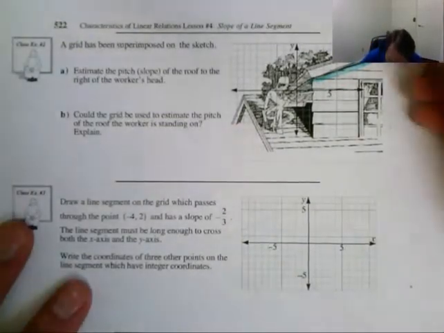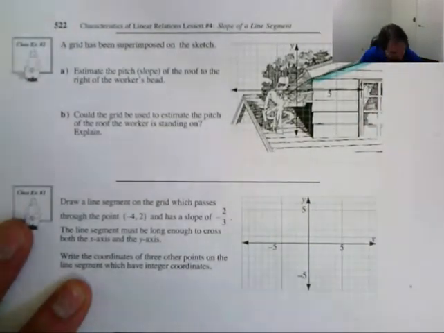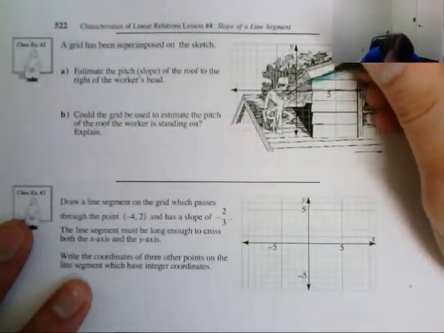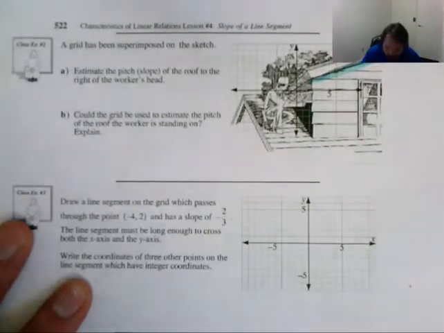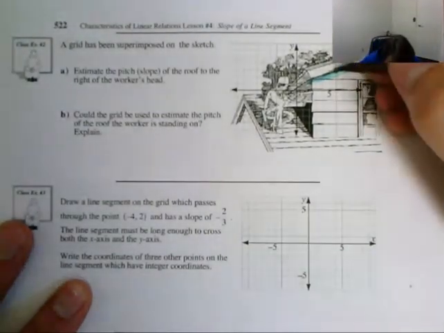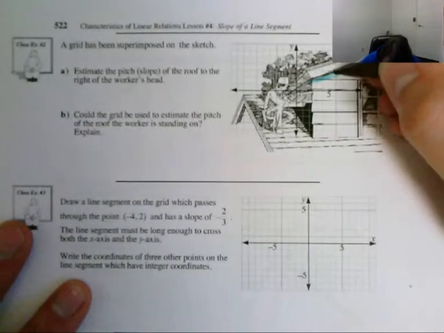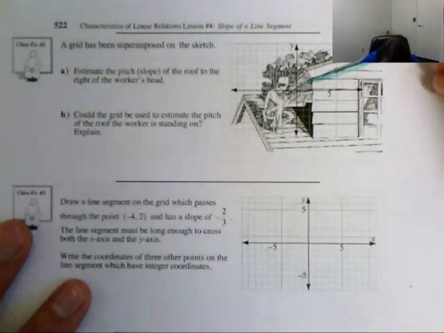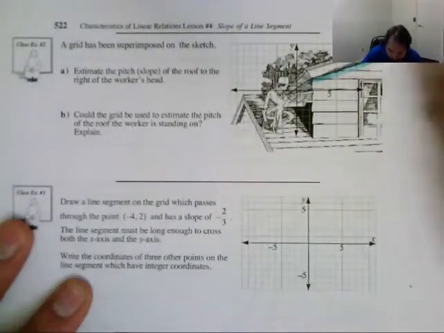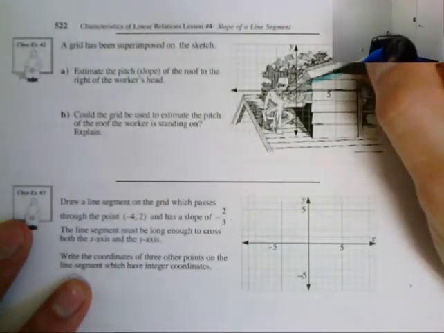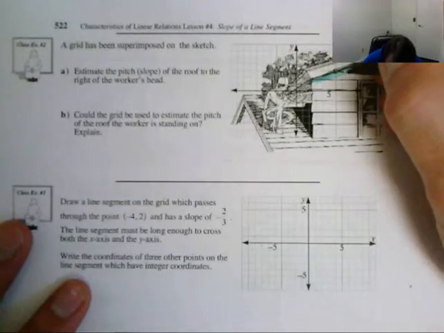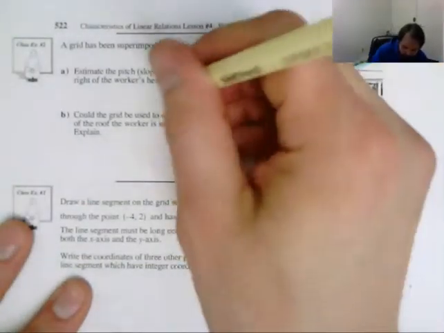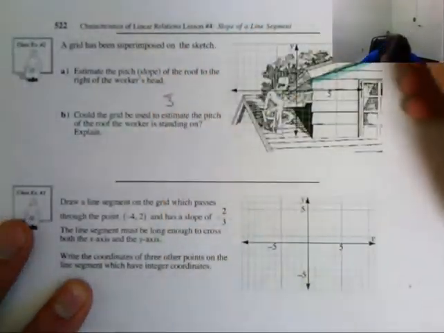Now, what I want to do is find my change in x and my change in y. So I'm going to find any 2 points that we could read on the graph. Here's 1 point I could read, and the next point is around right there. So in this case, every time I move over 1, 2, 3, I go up 1.